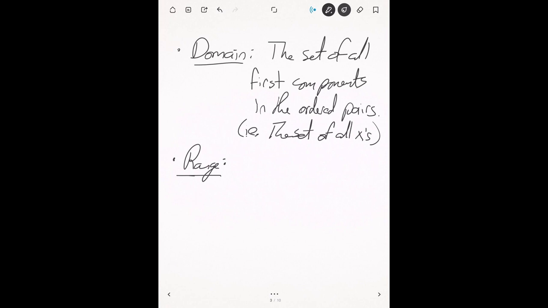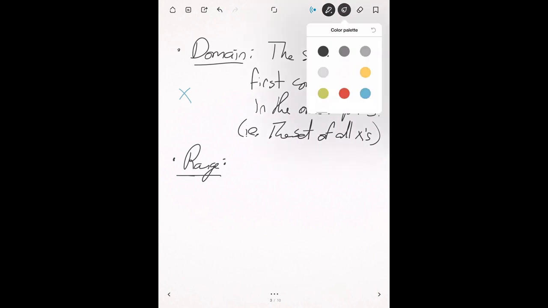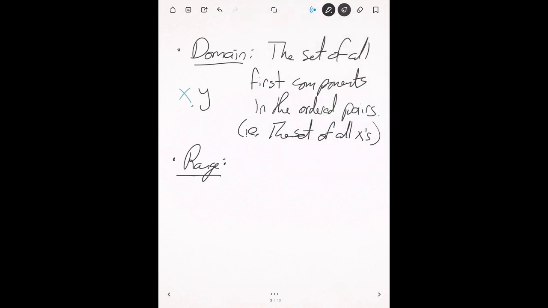So in an ordered pair, we have x and we have y. So the domain is the set of all of the x's, pretty much. Now, we don't always have just x and y in ordered pairs, but in an algebra class like this, that's all we're going to be looking at. So we're going to be looking at x and y values. So the domain is really the set of all x's that you're going to have in all of the ordered pairs.